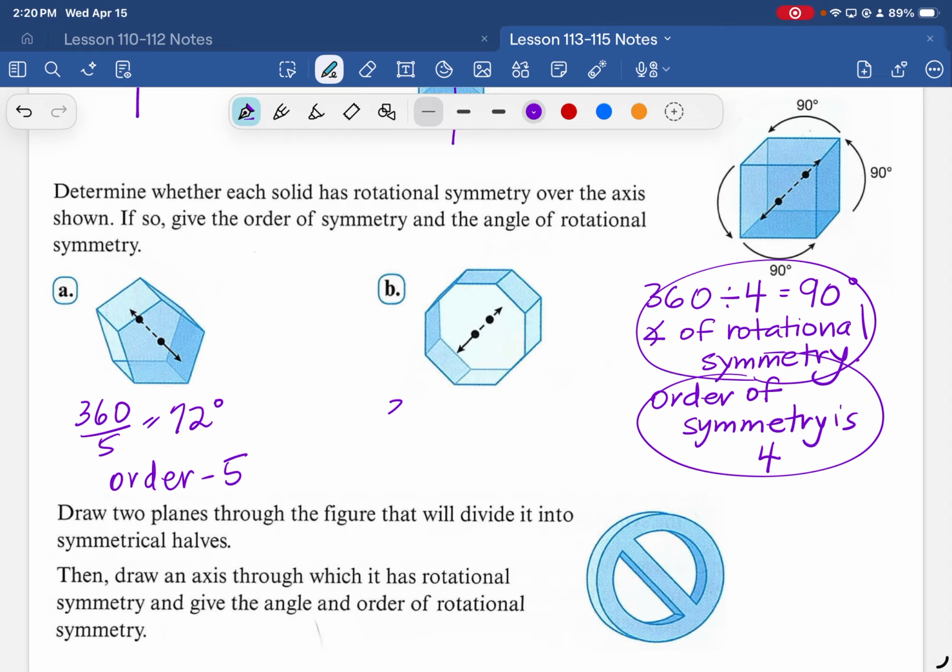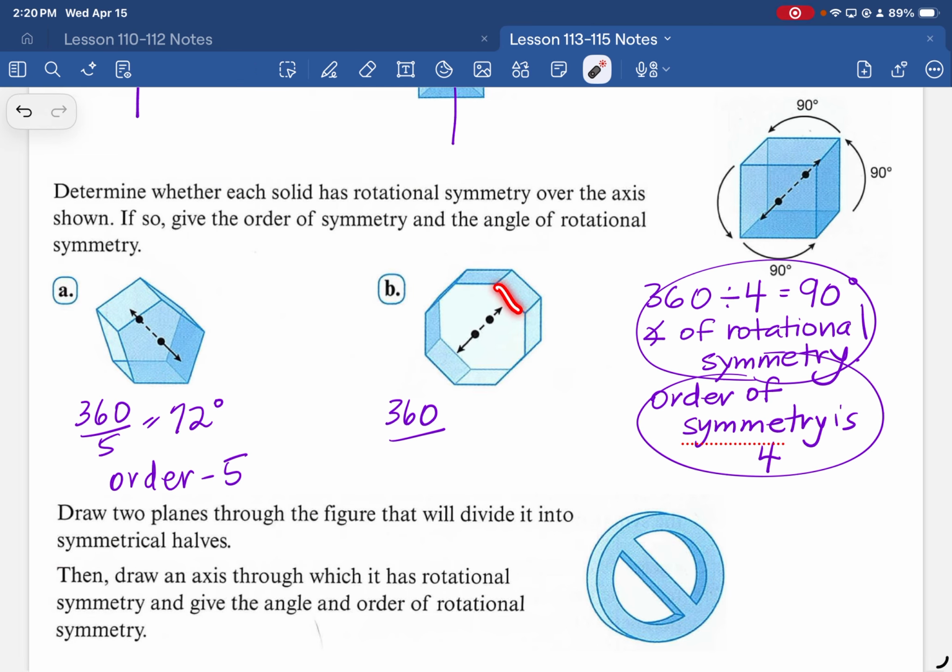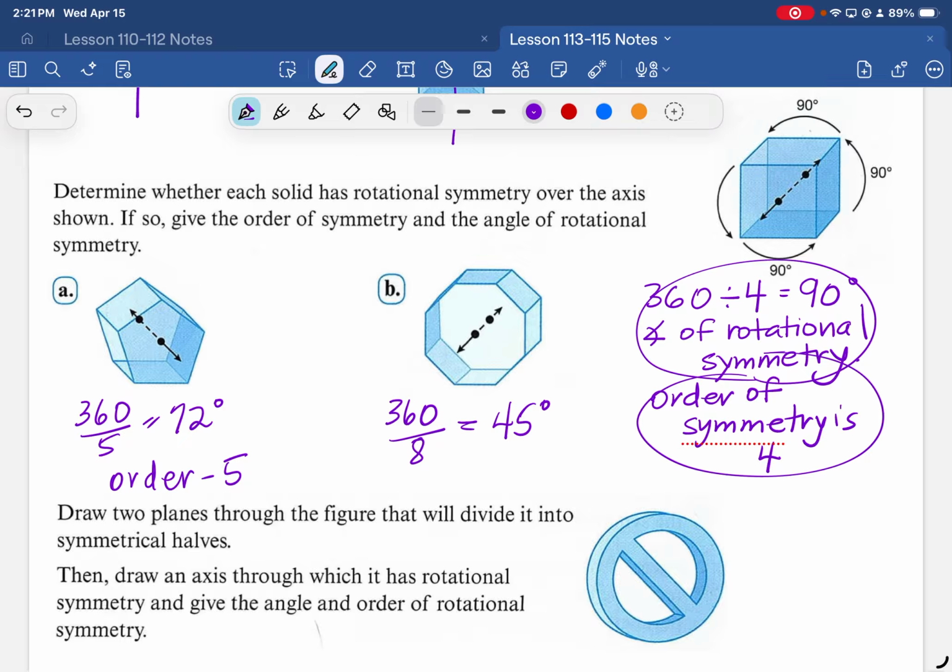I did 360 divided by 9. Is that what y'all got? Mm-hmm. 1, 2, 3, 4, 5, 6, 7, 8. Wait. Oh, I counted it. It's okay. Thomas, did you put 9 as well? It would be 45. 45 degrees is our angle of rotational symmetry. So then the order is 8. Exactly. The order is also 8. Y'all are counting it again just to be sure.